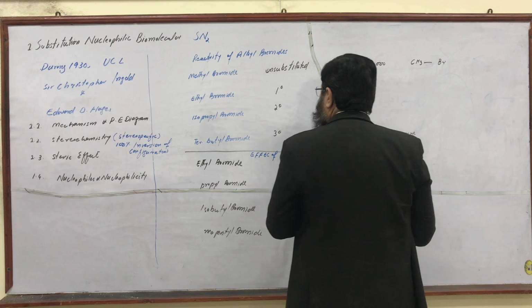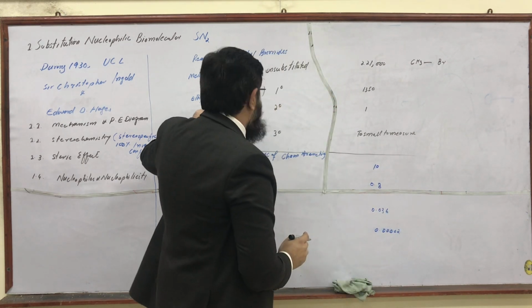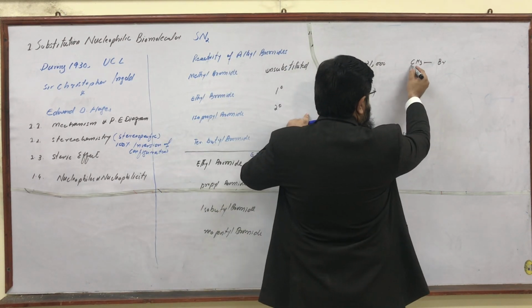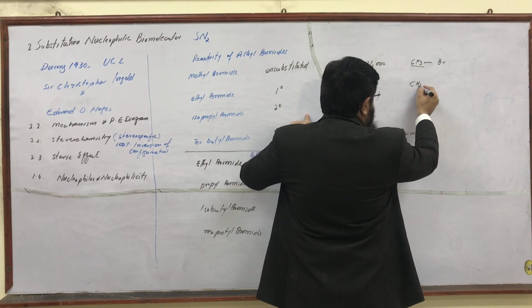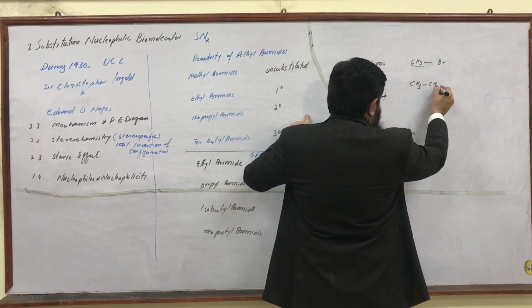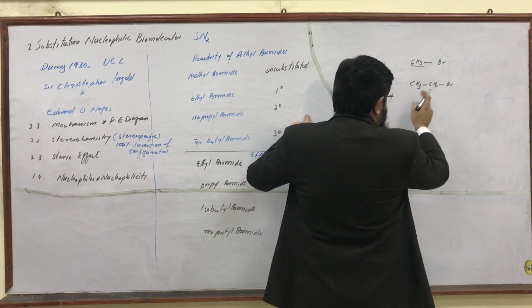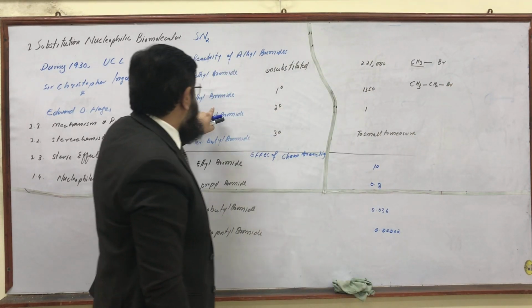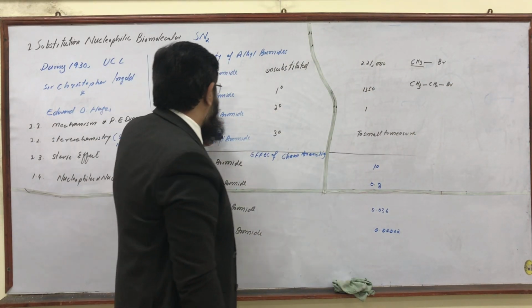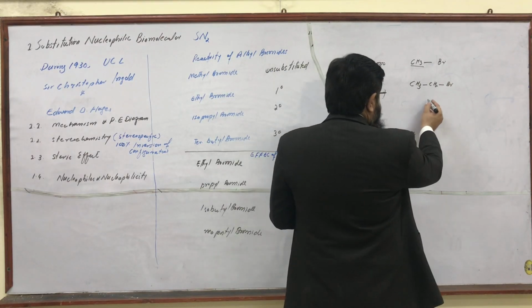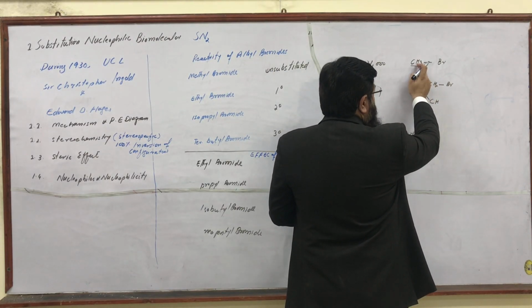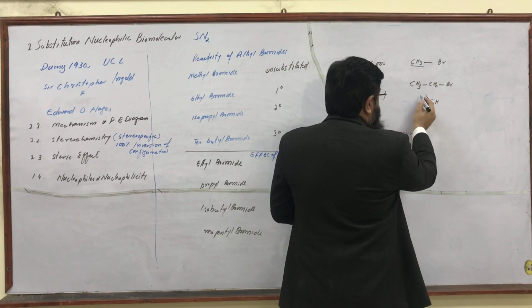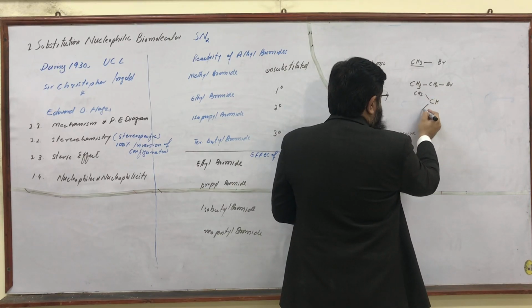CH3Br. The second is a primary halide, where we extend the carbon chain: CH3CH2Br. The next one is isopropyl bromide, meaning we have substituted two of the hydrogens of this carbon with two methyl groups.